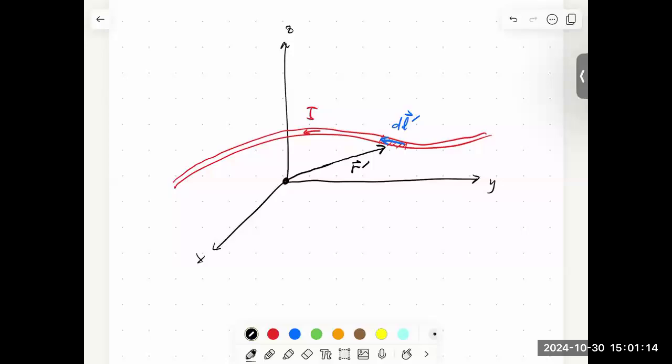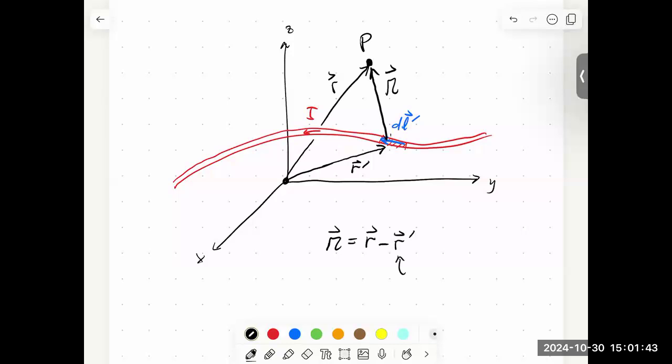And then I want to know what the magnetic field is at some other point P, and this vector R tells us where point P sits. And then script R connects R prime and R. So specifically, script R is equal to R minus R prime.